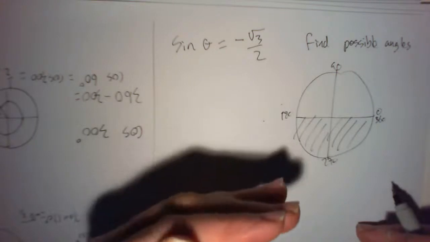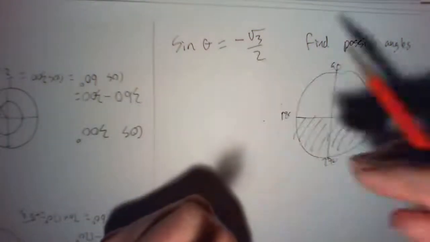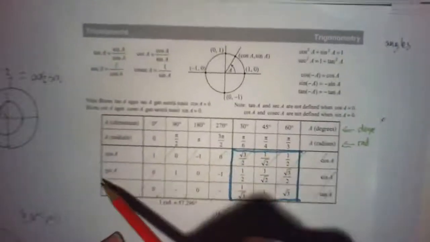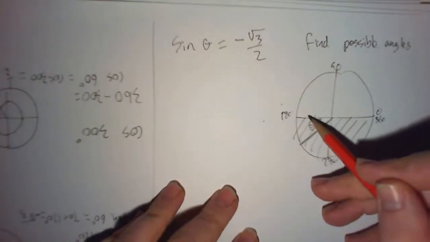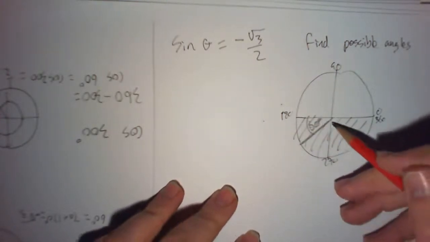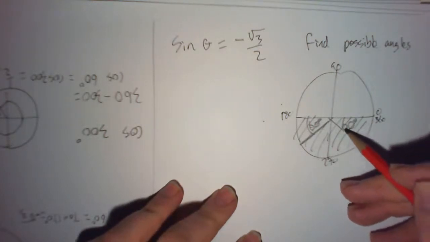Now, if we think about it, first of all, let's check what root 3 over 2 gives us in terms of sine. It gives us 60 degrees. So one of them has to be 60 degrees of a reference angle from that end, and one of them has to be 60 degrees from a reference angle from that end.